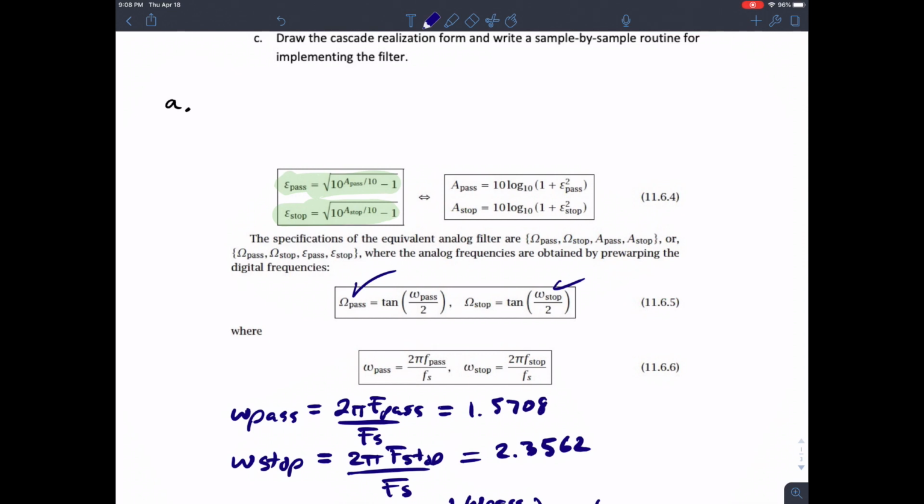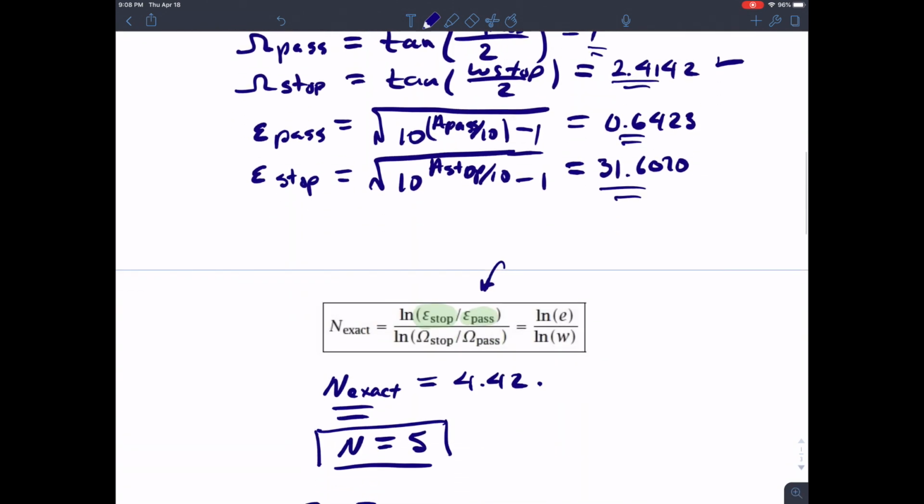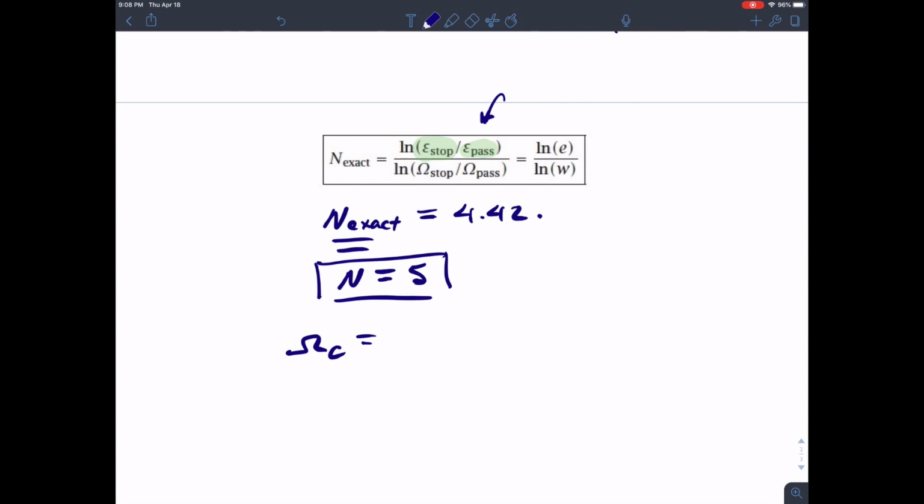This formula was derived by simply plugging in to the constraints on the Butterworth filter, and we get that omega naught, the 3 dB frequency of the Butterworth filter, is omega pass divided by epsilon pass to the 1 over n, where n is 5 in this case. I didn't calculate that yet in MATLAB, so hang on.